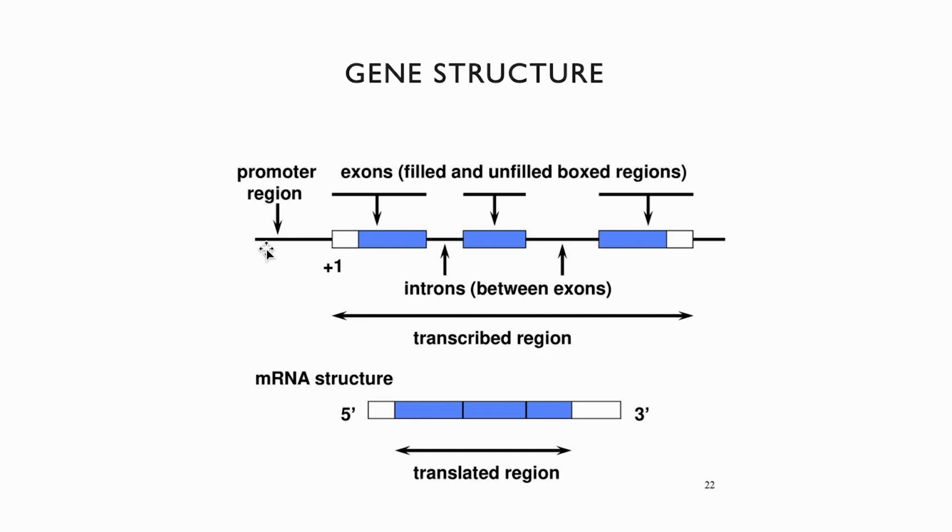The promoter is the starting point. It's a DNA sequence that is recognized by the enzyme RNA polymerase, and the enzyme binds there to begin the transcription. It's like the starting point.